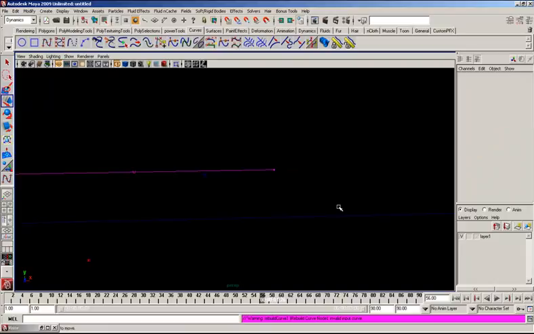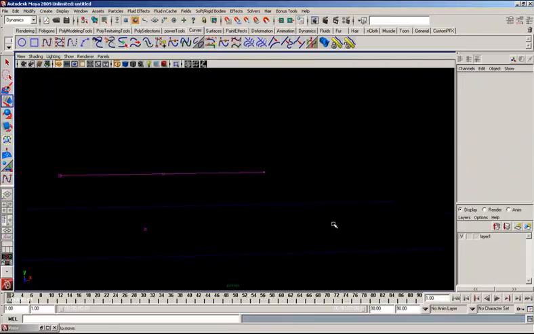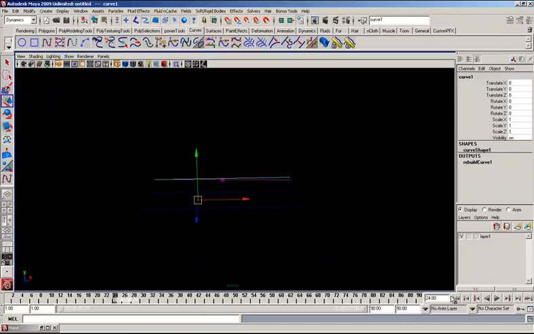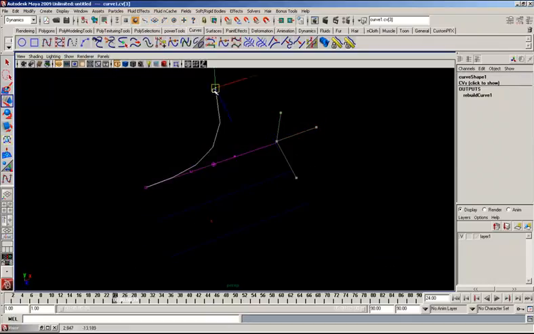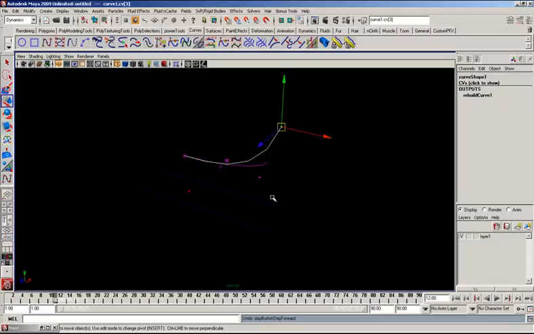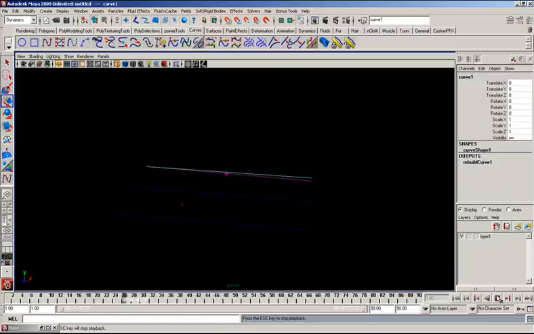So if I delete this on the original, then the current one also changed. Now I don't have enough points for it to think, so I'm just gonna undo. But if we were to deform it, then that one's also deformed. So you can see it starts deformed. It's just coming to its rest, and its rest is not like that. Just gonna undo for a second. There we go. Okay, so that's what's happening there.